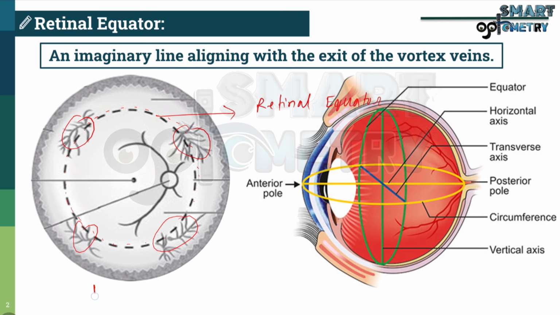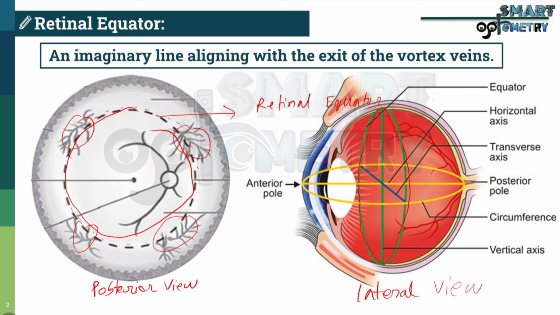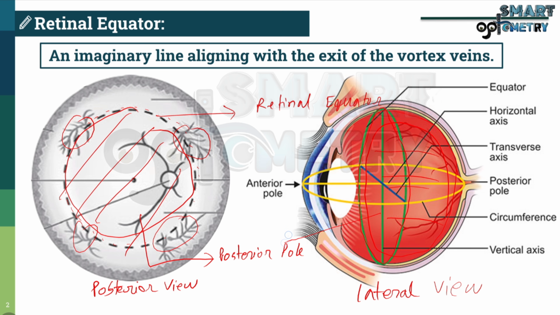This is the posterior view, means we are seeing the eyes from the back, and this is the lateral view. Here it will be the equator. So the structures behind the equator, this area, is the posterior pole.